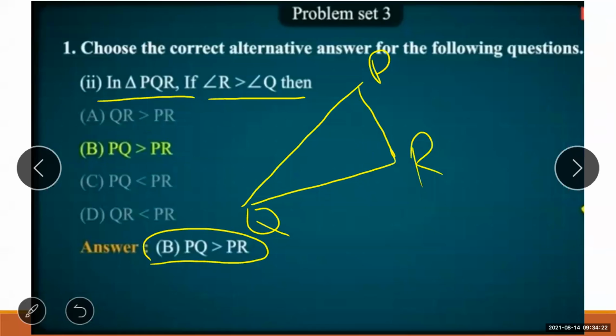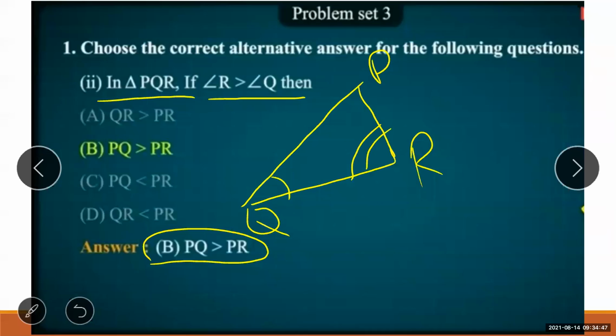See, if the angle is greater, the side opposite to the greater angle is also greater. Is it right? Okay, so angle R is greater than angle Q. So as R is greater, what will be the comparison between their sides opposite to those angles?